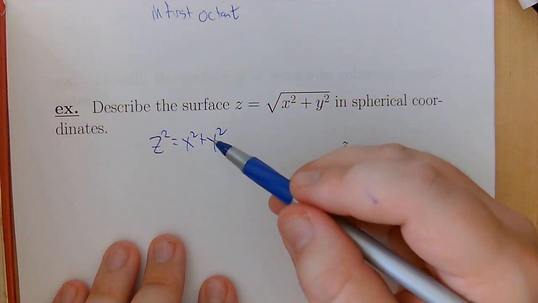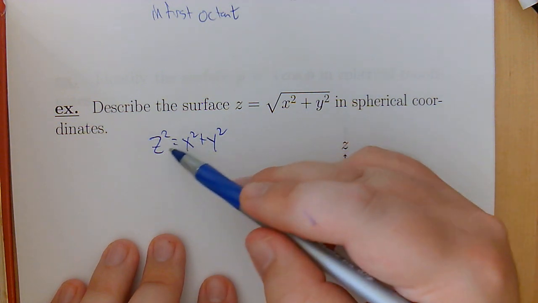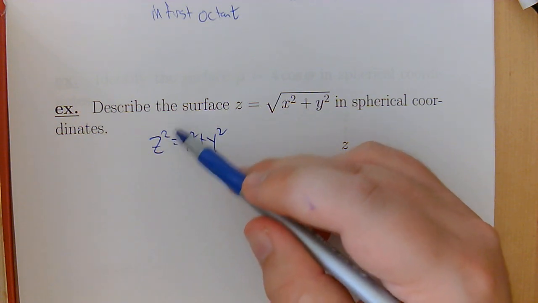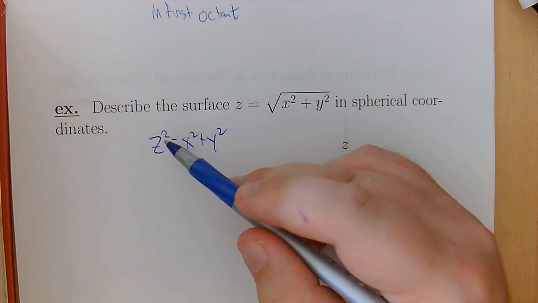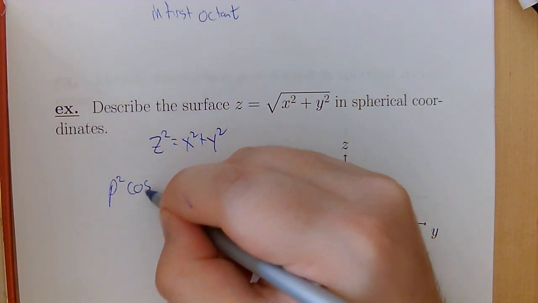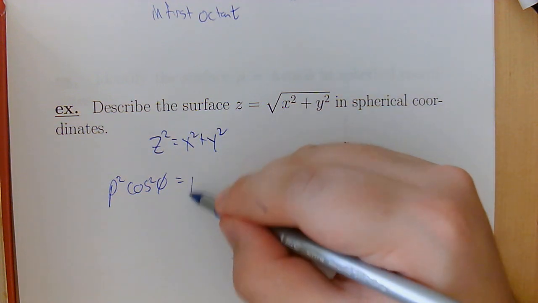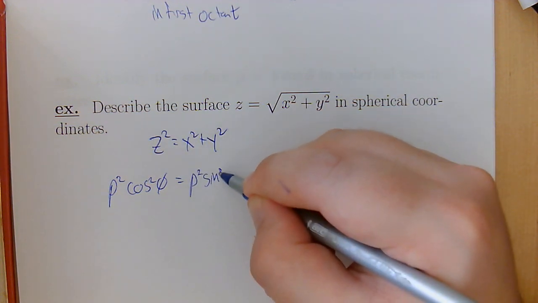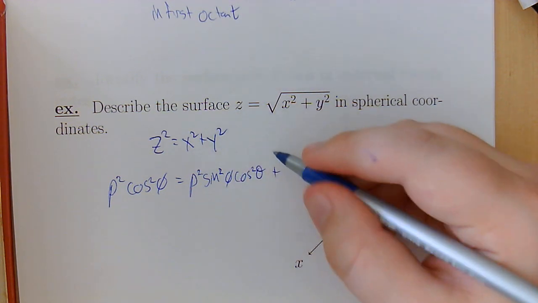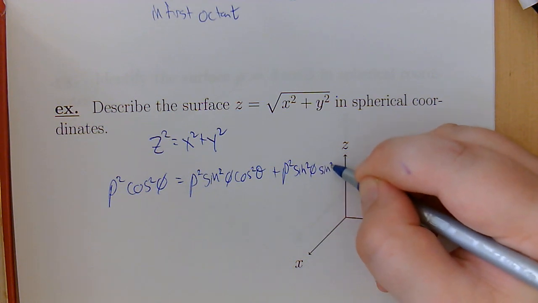Now I'm going to turn everything into rhos, thetas, and phis. Remember, z is rho cosine of phi, so we're going to get rho squared cosine squared of phi. Meanwhile, over here, x squared is rho squared sine squared of phi cosine squared of theta, and y squared will be the same, only with sine squared of theta.